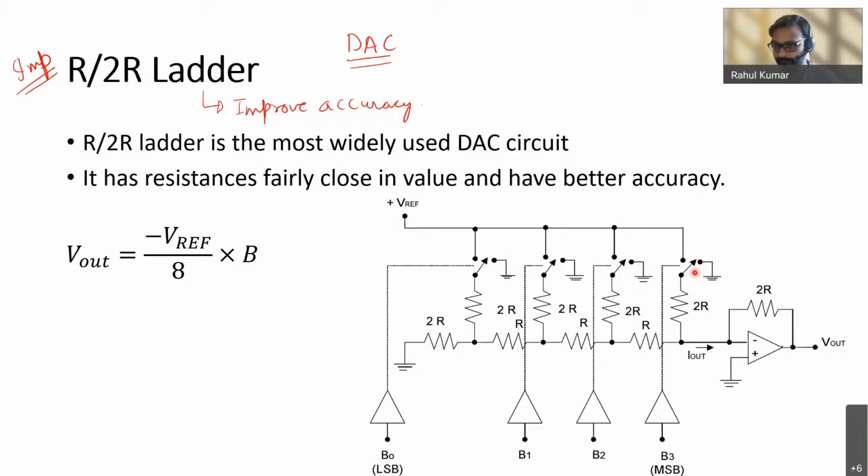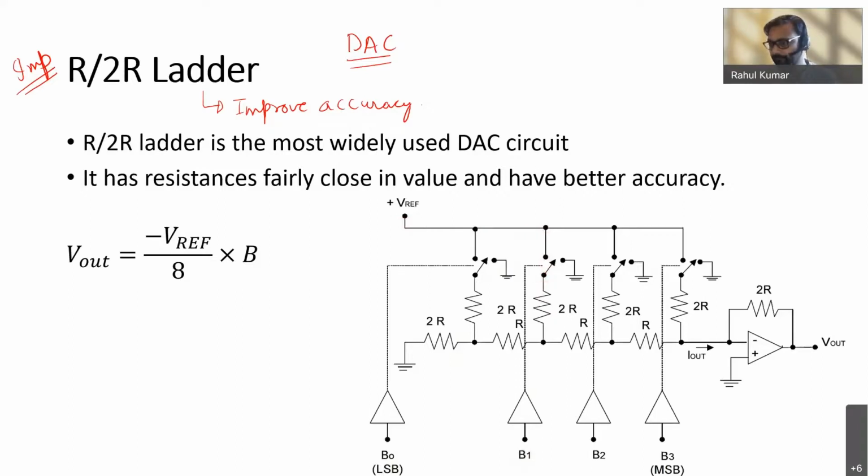Okay, and the switches can be controlled according to the binary input. So if your binary input is 0, this switch will be connected to the ground, right? And if your binary input is 1, then the switch will be connected to this V reference.